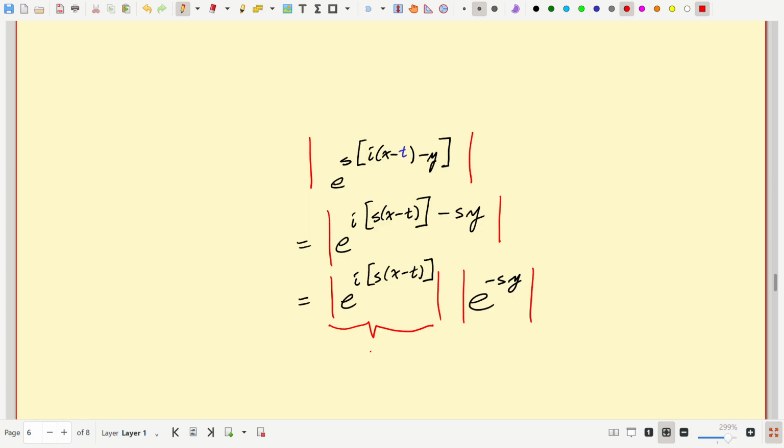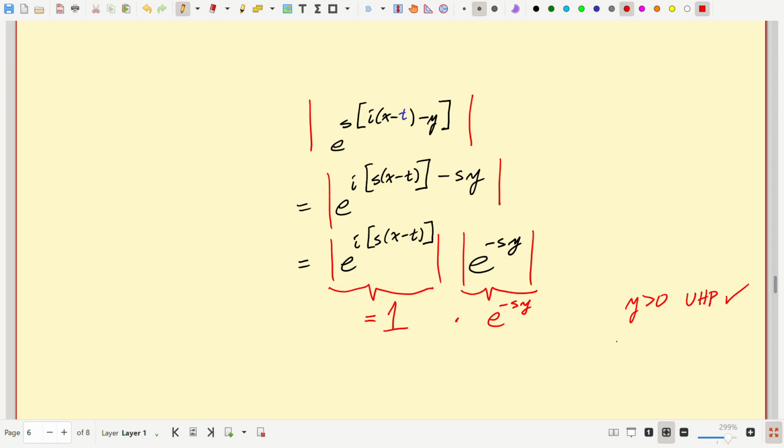E to the i theta is on the unit circle, so this modulus is 1, and this is a positive real number, so this modulus is e to the minus s y. And as s goes to plus infinity, y is greater than 0 because we're in the upper half plane. And so as s goes to infinity, this goes to 0. That answer your question? Yeah, that's why.